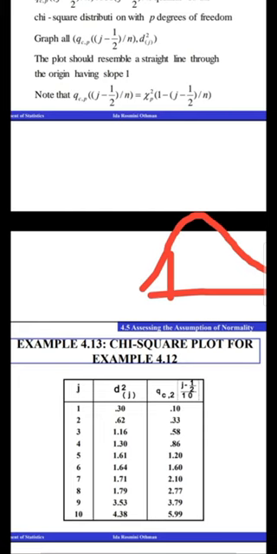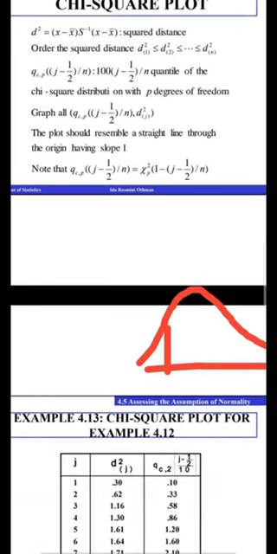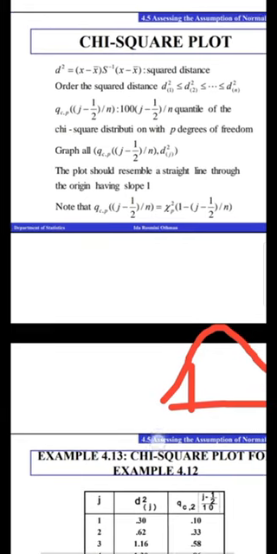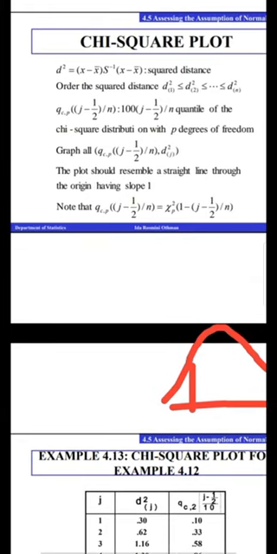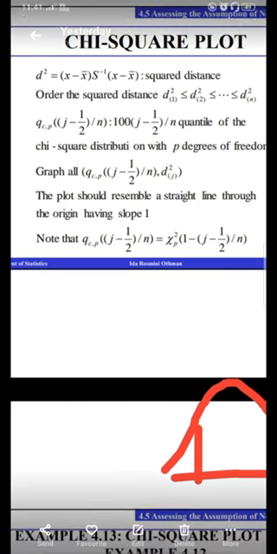Chi-square plot actually adalah the y-axis is d square, x-axis adalah quantile. Okay, so once we have the value of d square, next step is we want to find the quantile. So before we find the quantile, first of all, we need to calculate the value of this one, which is j minus half divided by n.